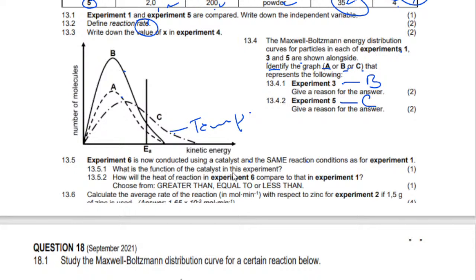What is the function of the catalyst in this experiment? To speed up the rate of chemical reaction. That's it. To increase the rate of chemical reaction. How will the heat of reaction in experiment 6 compare to experiment 1? How will the heat of reaction compare?